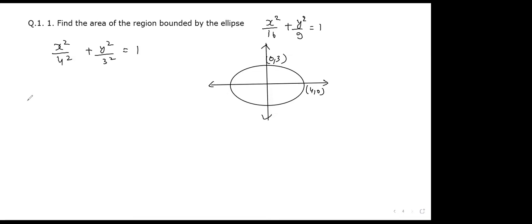Now we have to find the area of the bounded region. That means we have to find the complete area, this part, this part, this part, and this part. So we just find the area of the first quadrant and then multiply by 4. Why? Because these figures are symmetric along the x-axis and y-axis.